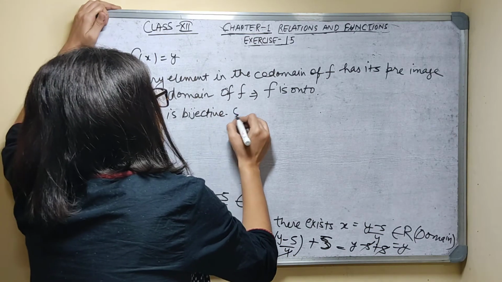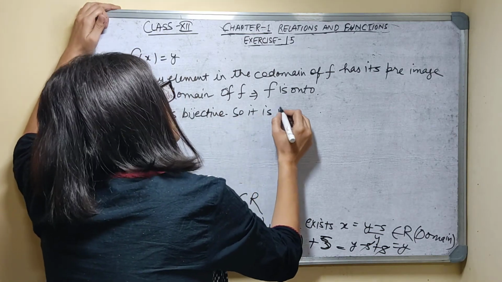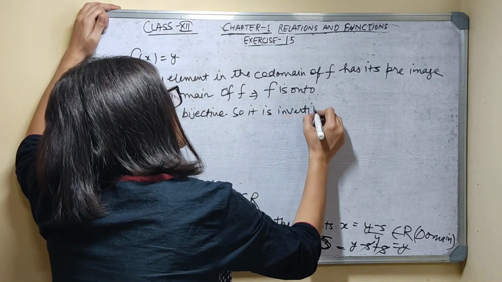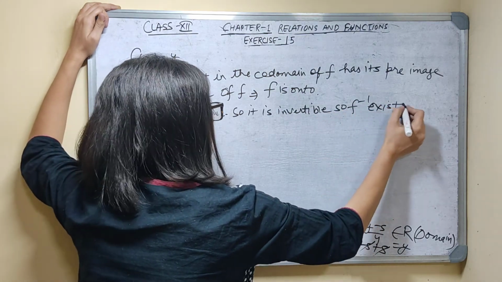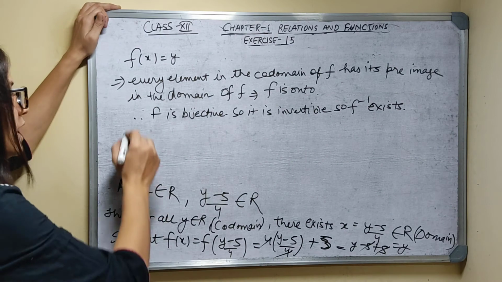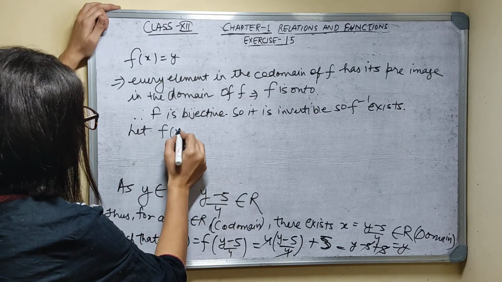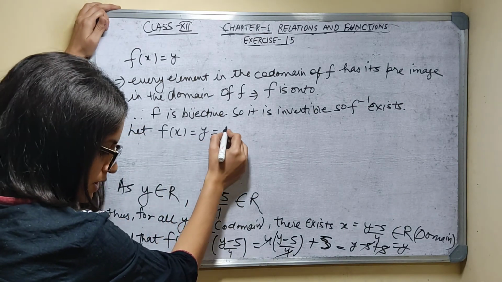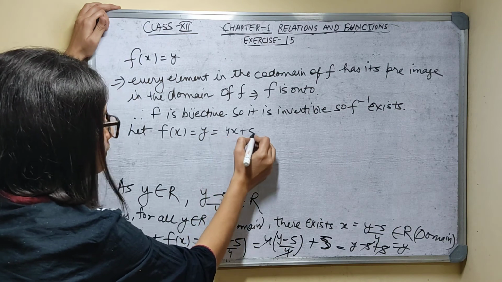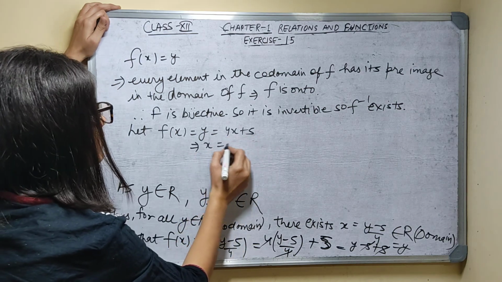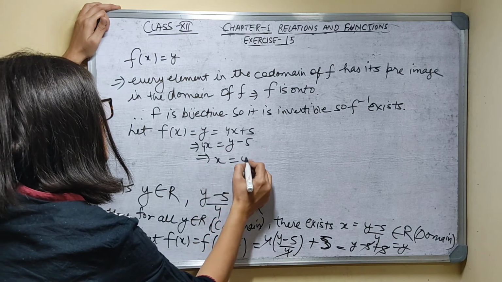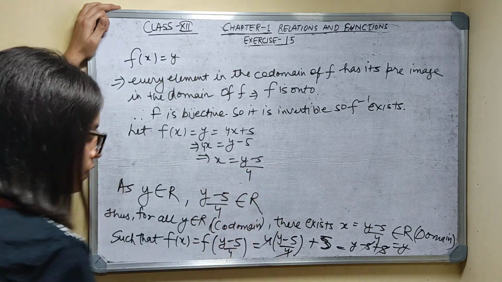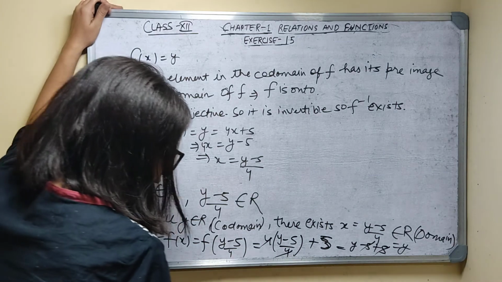It is bijective, so it is invertible. Invertible, so f inverse exists. So let f of x is equal to y is equal to 4x plus 5. So I can write 4x is equal to y minus 5, or x is equal to (y minus 5)/4.